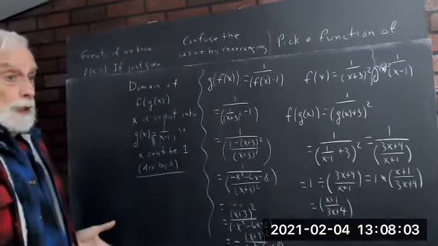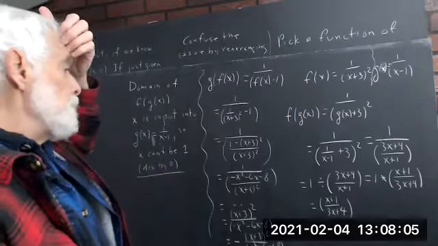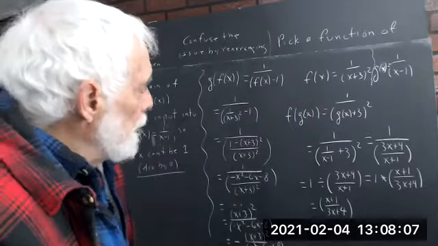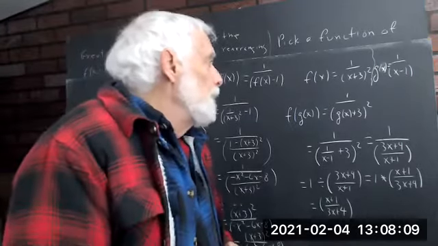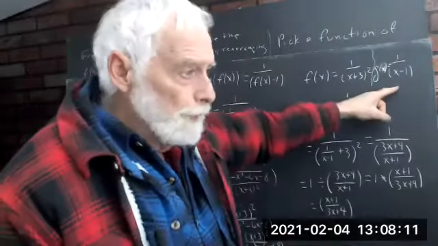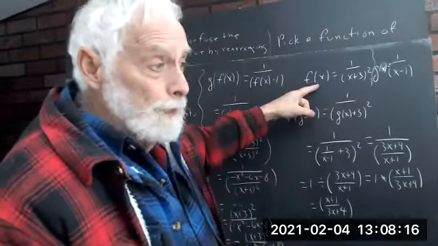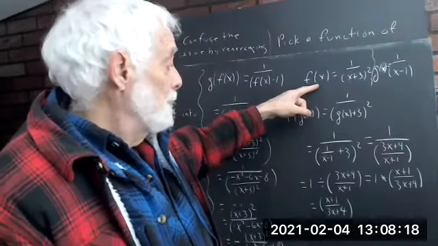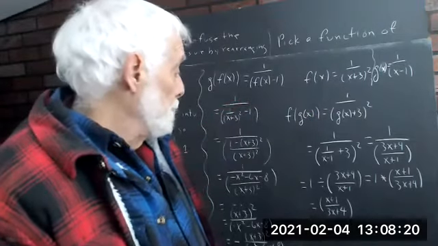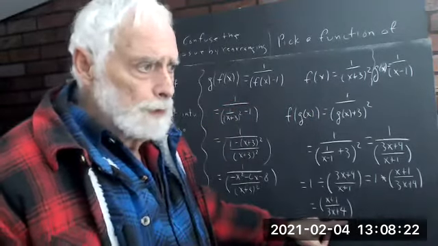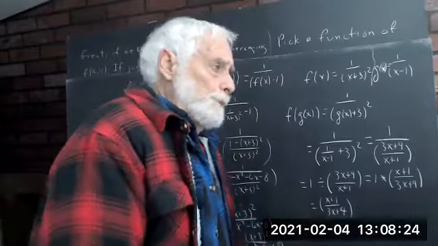Now, what else can't x be? Well, x can't be anything that causes g of x to take a value that makes f of x 0. And what that comes down to is your denominator here can't be 0 either.